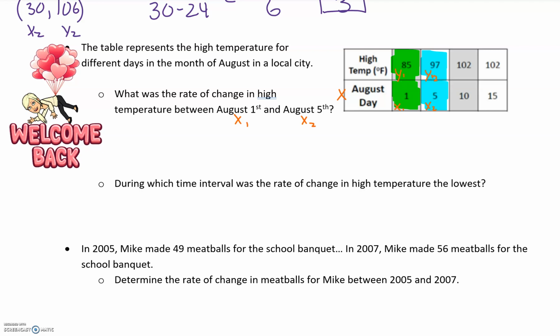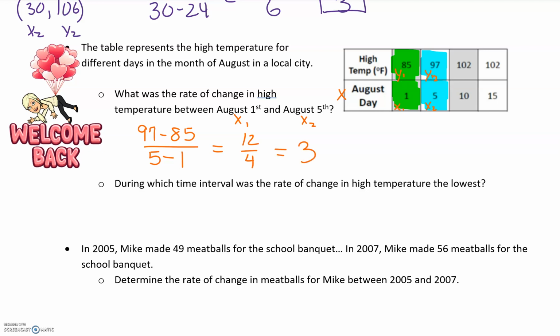And we can set up our slope formula, which says Y2, which is 97, minus Y1, which is 85, divided by X2, which is 5, minus X1, which is 1. When we do the math here, this gives us 12 over 4, which is 3.